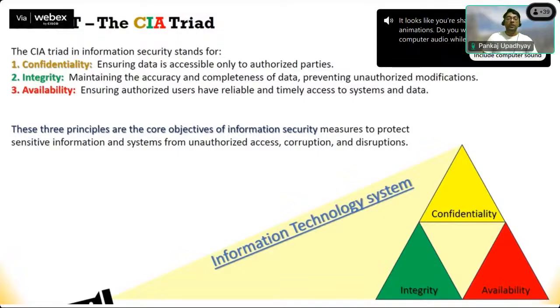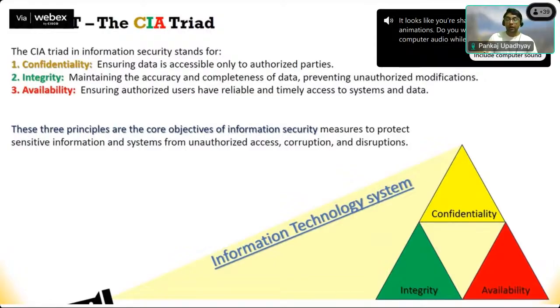When we're talking about confidentiality, it is just to make sure that unauthorized people should not have access. In other words, only authorized people should have access to the information. And integrity is to make sure no one can make unauthorized changes or modifications.